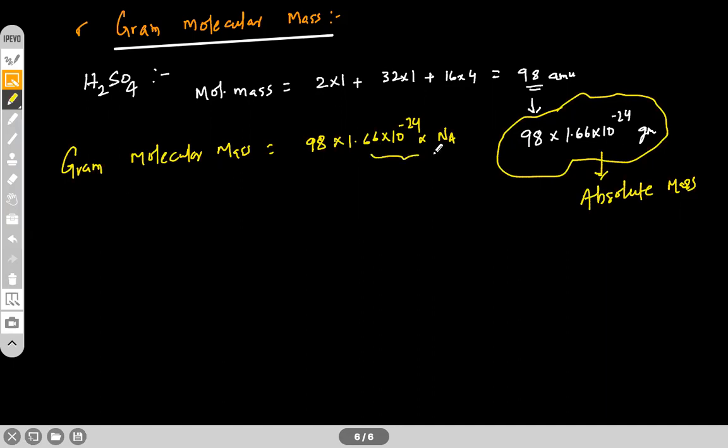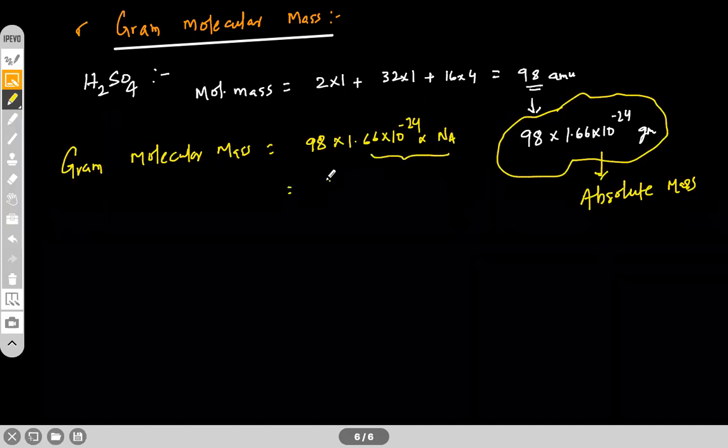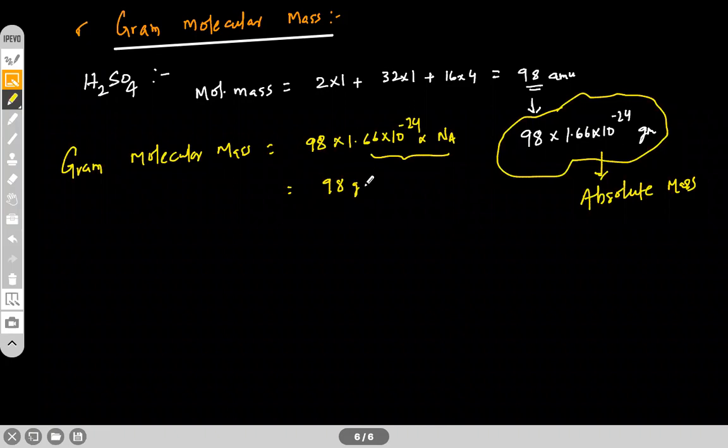Again, this product is 1, so this becomes 98 gram. And that's why, when the mass of a molecule is expressed in gram, it becomes the gram molecular mass. Clear? Any doubt?